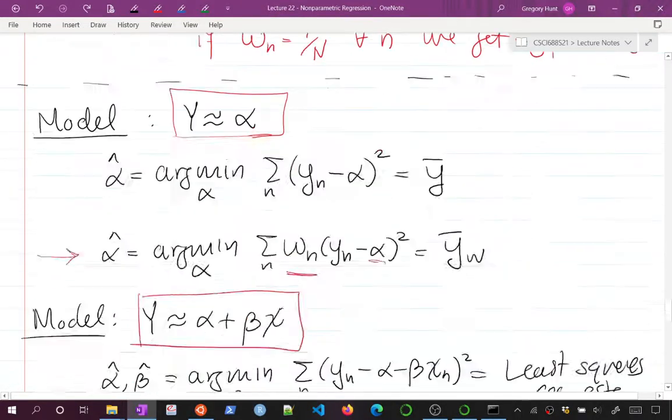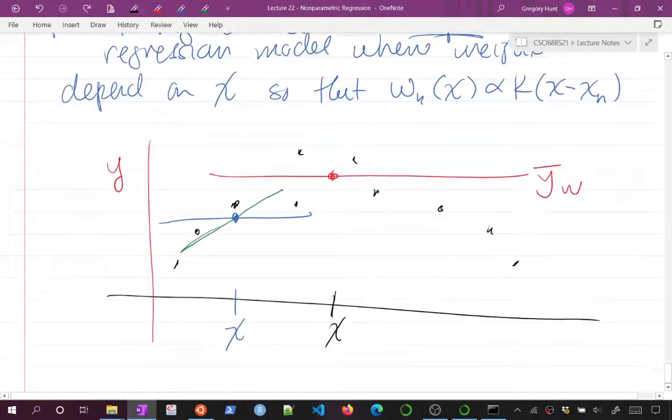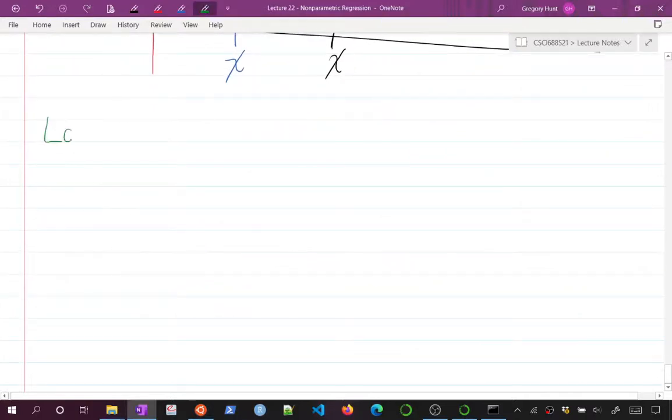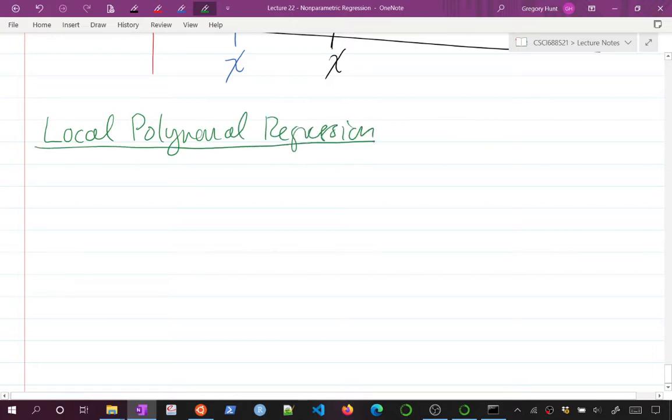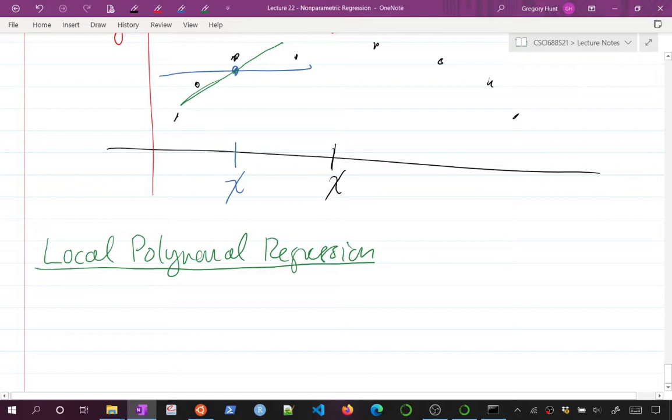So a direct generalization is called local polynomial regression. Technically, the NW kernel regression estimator is basically a simple example of that, but you could generalize it even more by fitting some kind of line, maybe that's a weighted line regression.